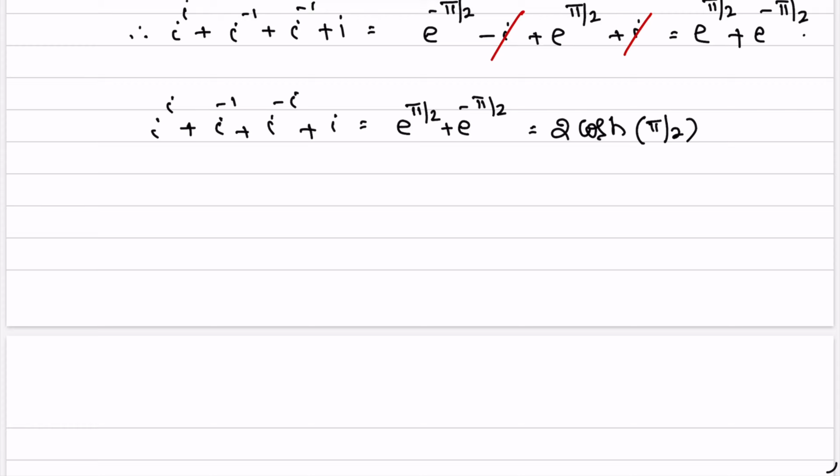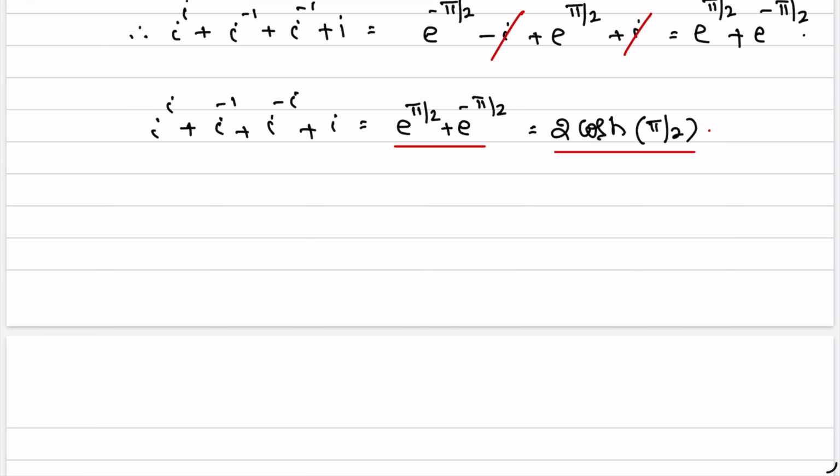We are getting the answer in the hyperbolic functions. This is the hyperbolic function. Please remember. From the definition we know the value. The real value is this, and in hyperbolic functions, this is the value.